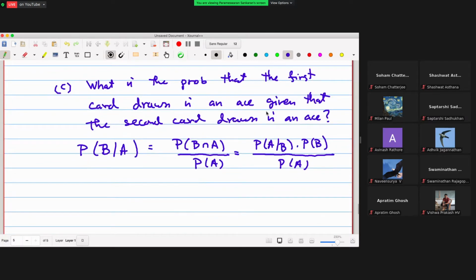So substitute that for the denominator: in the denominator, you have 1 by 13.